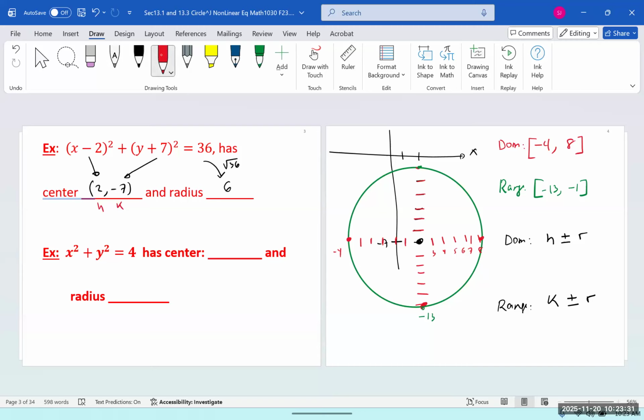So h is 2, so you do 2 minus radius, 2 plus radius. Our k is -7, so -7 plus the radius, -7 minus the radius. So what is 2 minus 6? -4, and 2 plus 6, 8. See, same as this one.